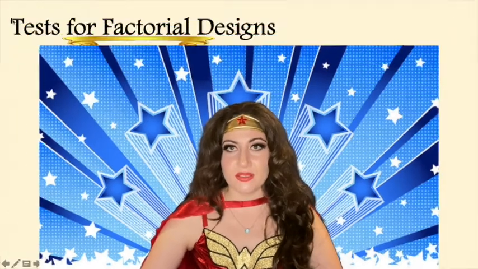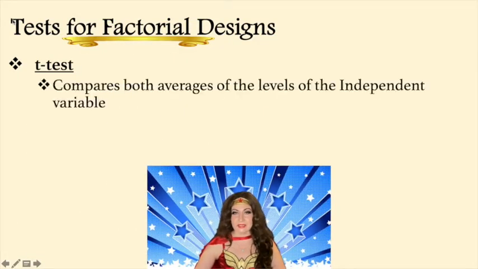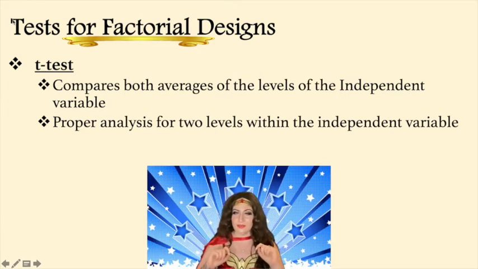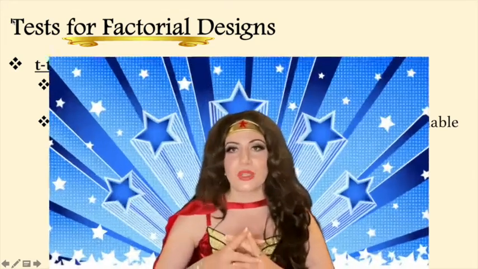So what are the types of tests we use for factorial designs? Well, the first one is a t-test. In a t-test, we compare the averages or the means across both groups of levels of the independent variable. The proper analysis for 2 levels within one independent variable would be the t-test. But in this situation, we have 2 independent variables.